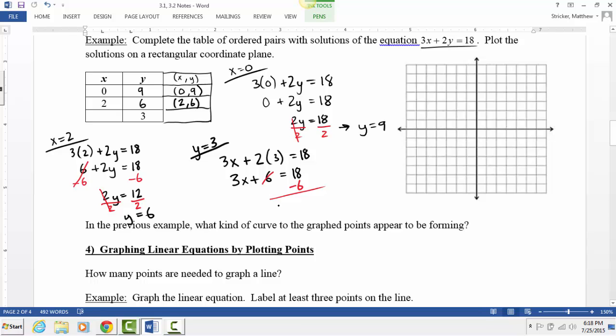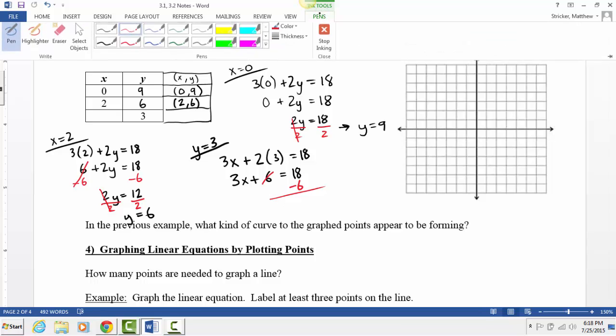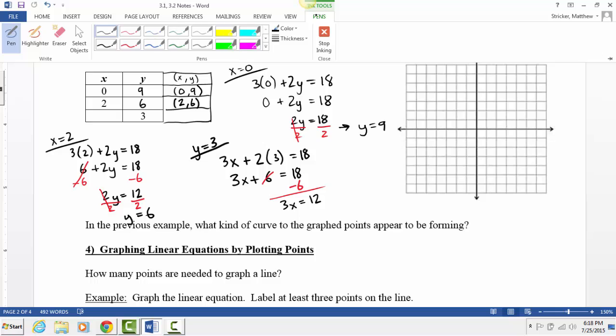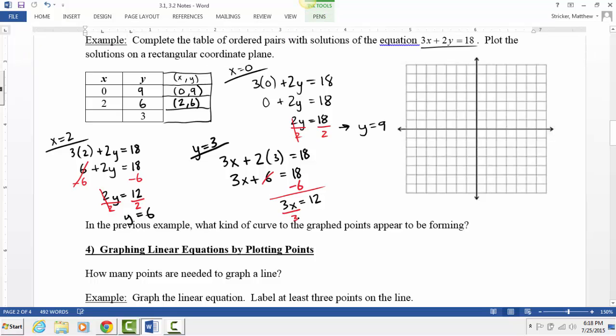When I do that, I get 3x equals 12. I can divide both sides by 3, giving me x equals 4. So we have x equals 4, that gives us y equals 3. This is the point (4, 3). X comes first, then y.